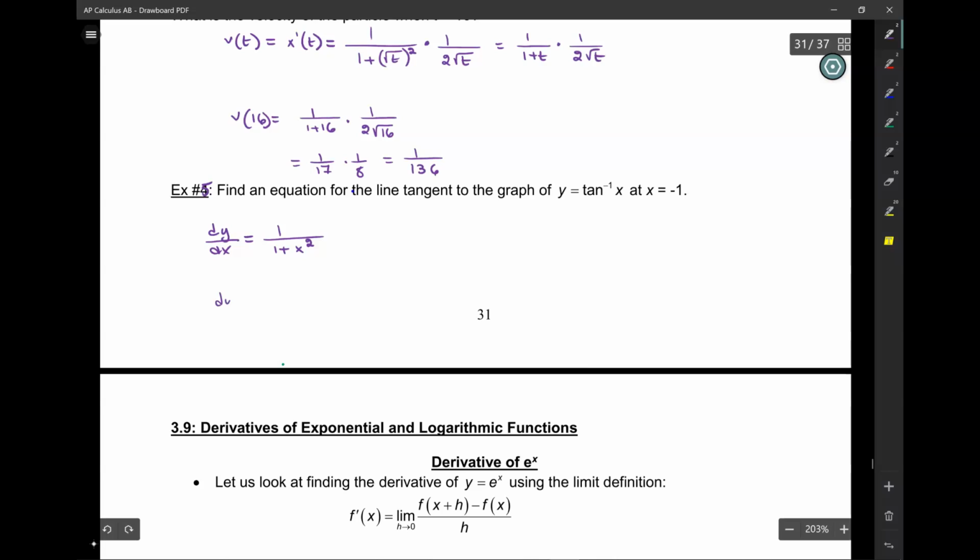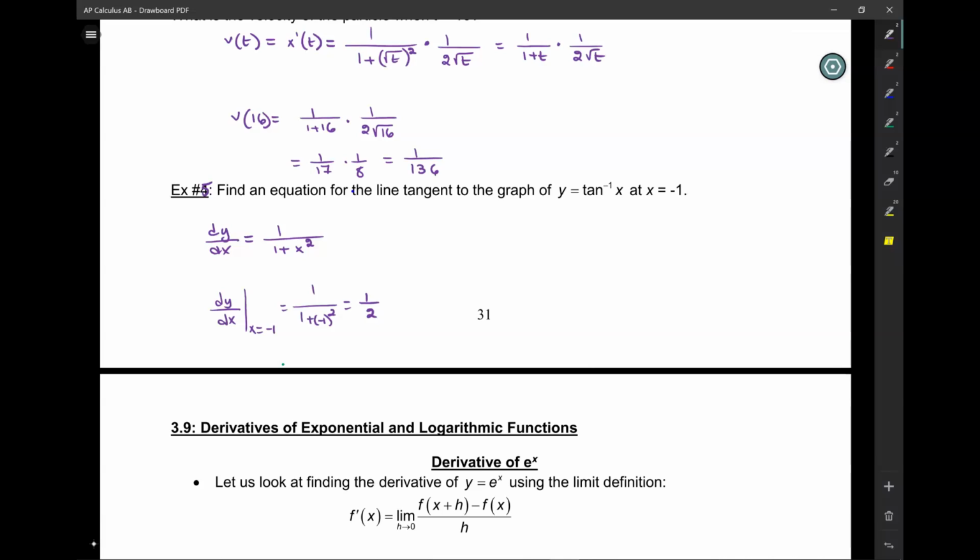So dy/dx at x equals negative 1 is 1 over 1 plus negative 1 squared. So 2 on the bottom, 1 over 2.